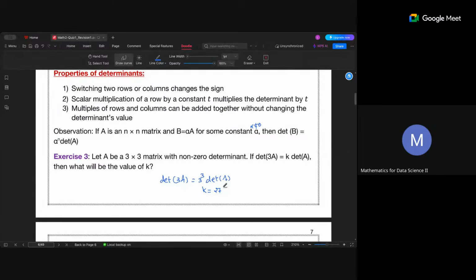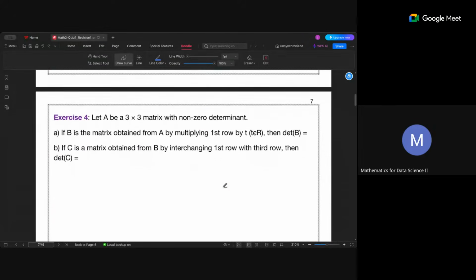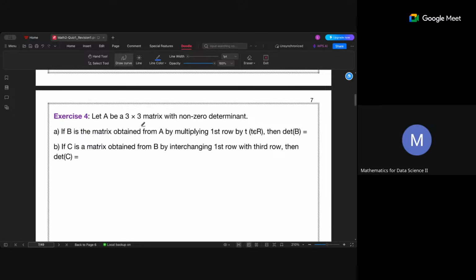Okay, fine. All right. So let A be a 3 by 3 matrix with non-zero determinant. If B is the matrix obtained from A by multiplying the first row by T, then determinant of B is T times determinant of A. Anyway, if T is 0, then this is going to become 0.